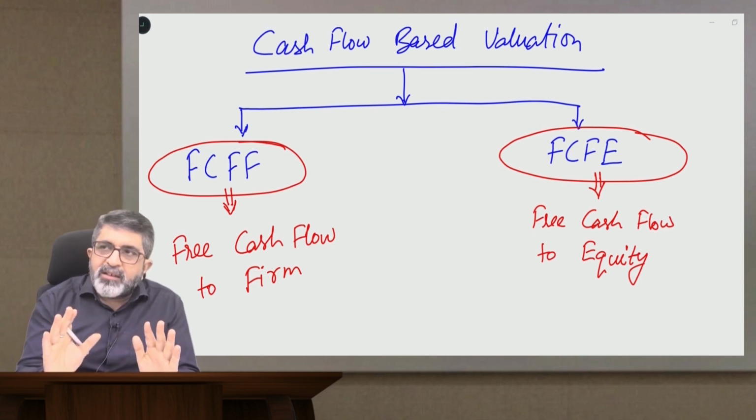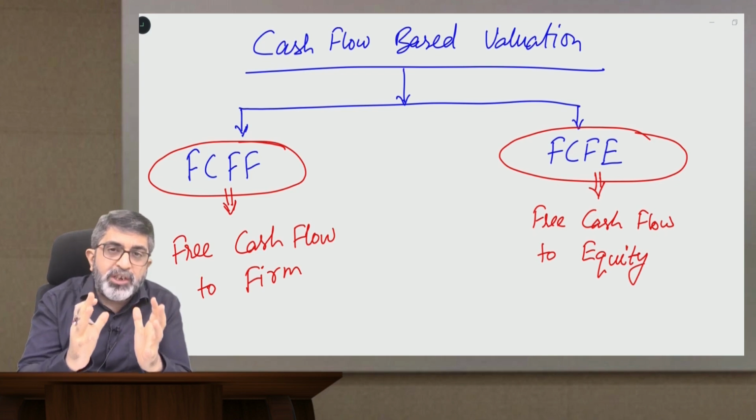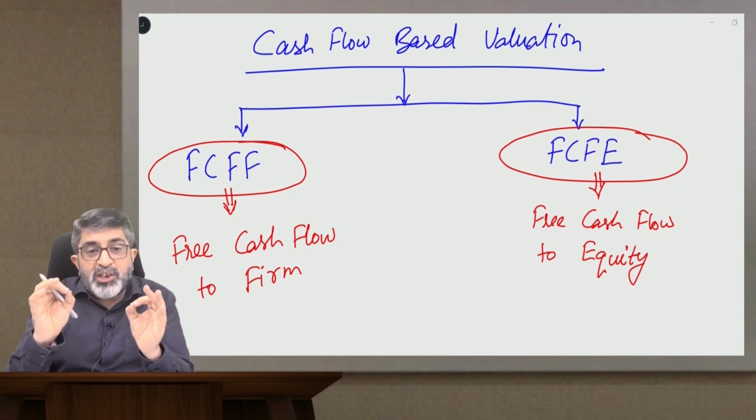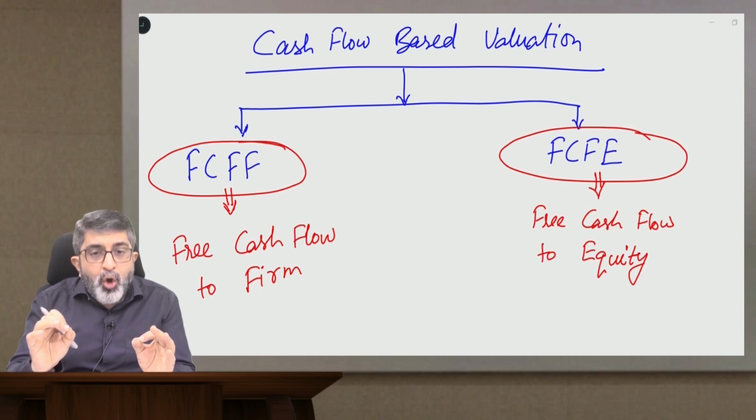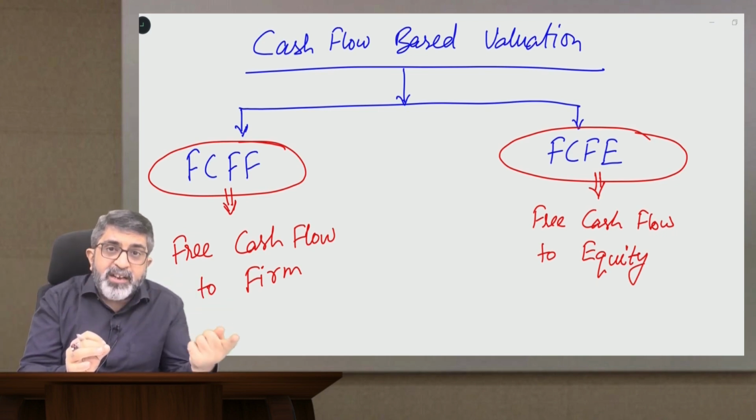You know one thing, that the true owners of an entity, which is a company or a corporation, are its equity shareholders, correct? All other contributories are treated like outside entities.